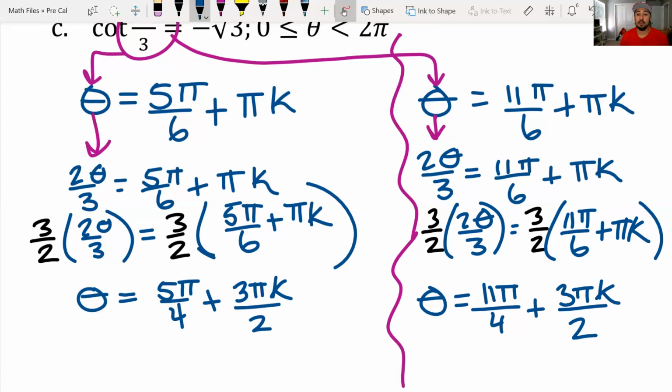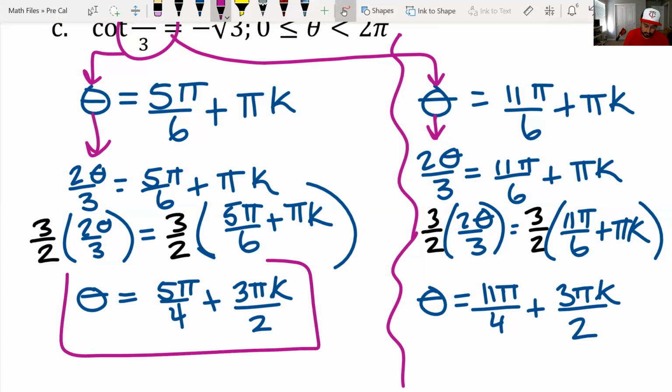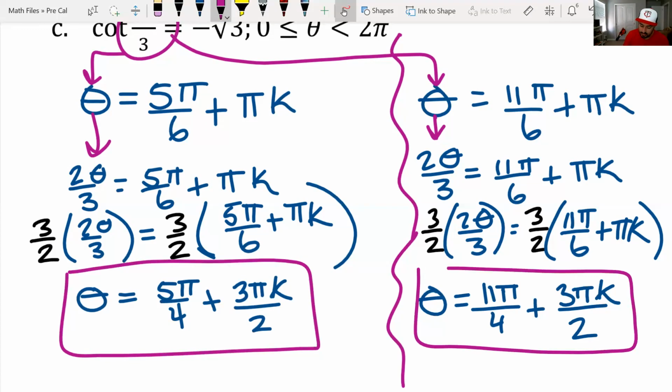Okay, well, 11 pi over 4 is over our revolutions, so we won't use the second general solution. So here's this, and there's that. But since 11 pi over 4 is over, we won't use this solution. We'll just use the first one.